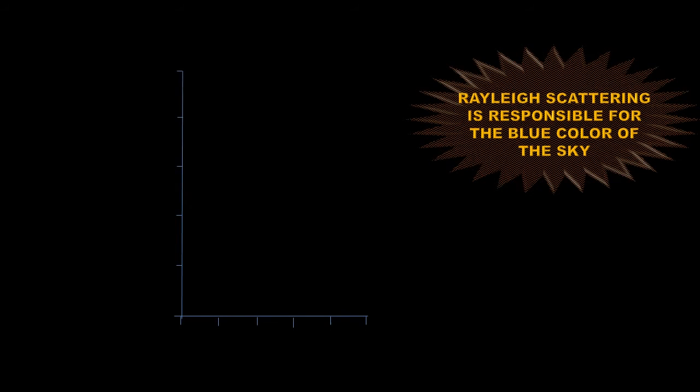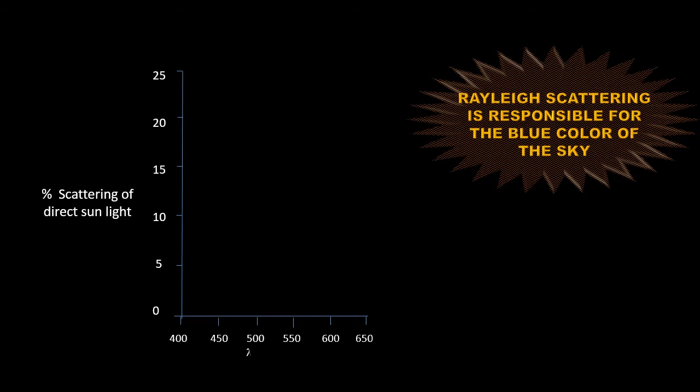Rayleigh scattering is responsible for the blue color of the sky. This can be understood by considering the plot obtained by plotting percentage of scattering of direct sunlight versus wavelength of the radiation. A figure as shown here will be obtained.